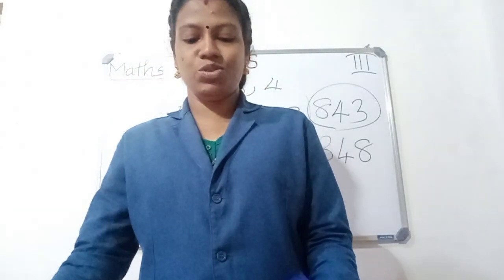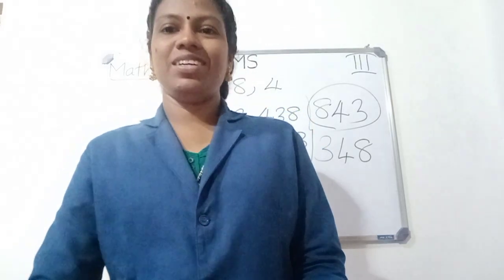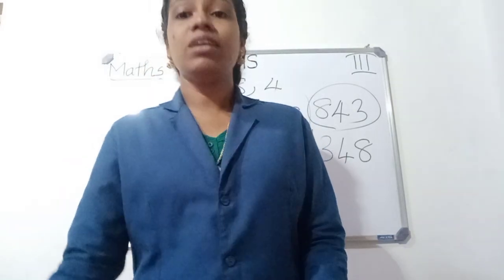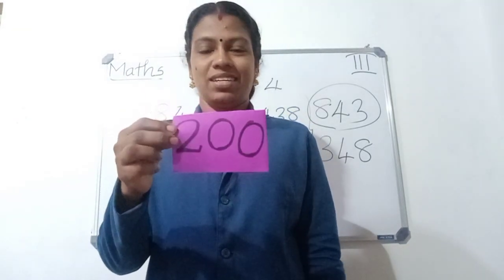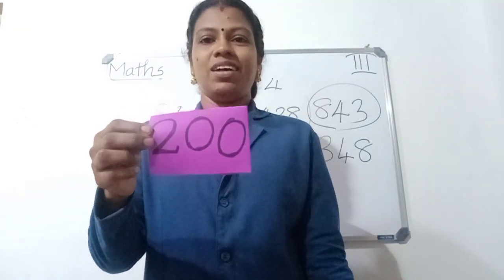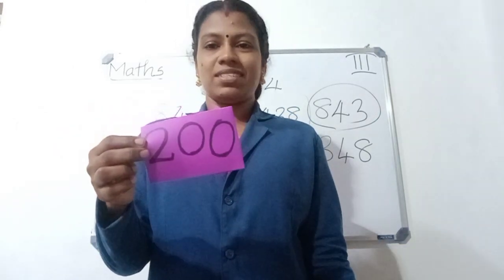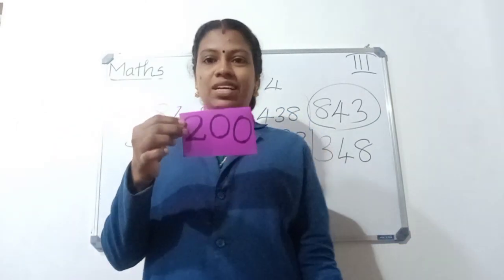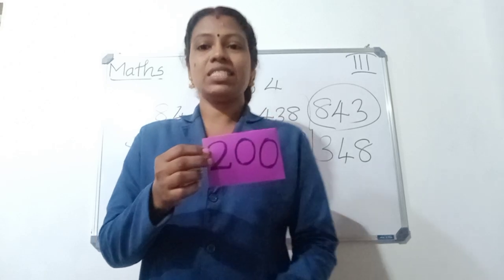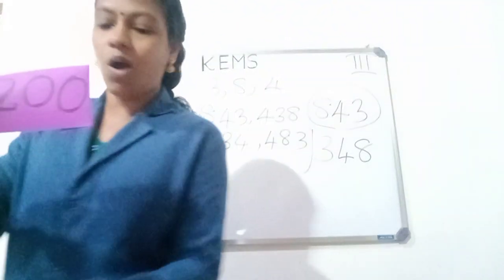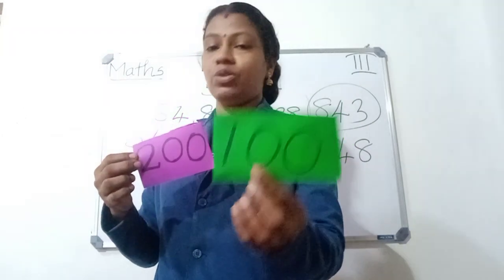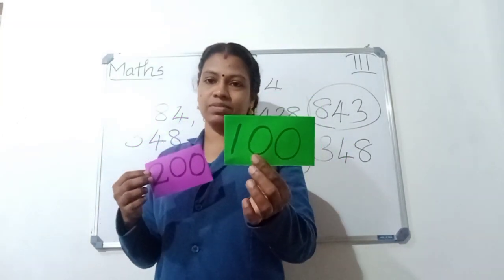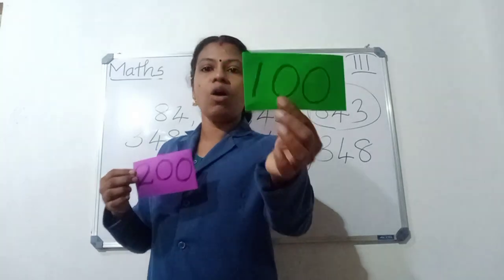Then what about 200? 200 means it has 2 hundreds. So we call it as double century. If it is 100, we call it as a century, because it has only 100.